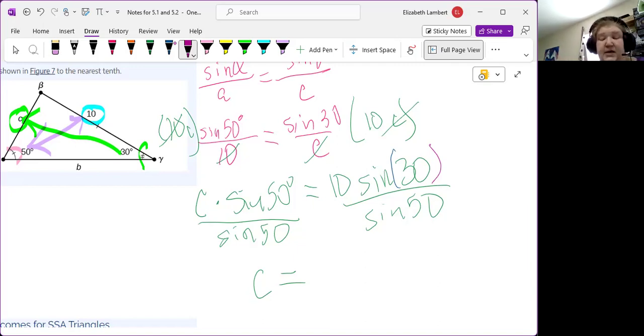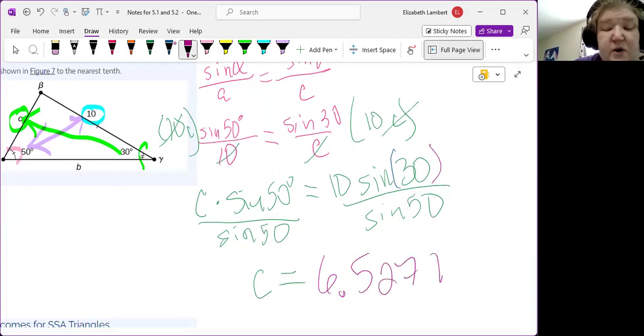So I have 10 times the sine, it opened a parenthesis, 30, close there, divided by sine, it opened a parenthesis, 50, close there. So c is 6.5270336, and so on.